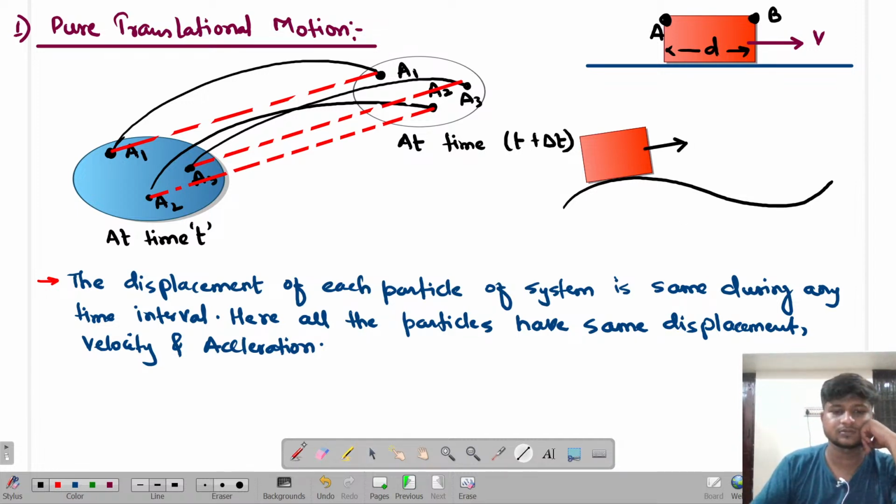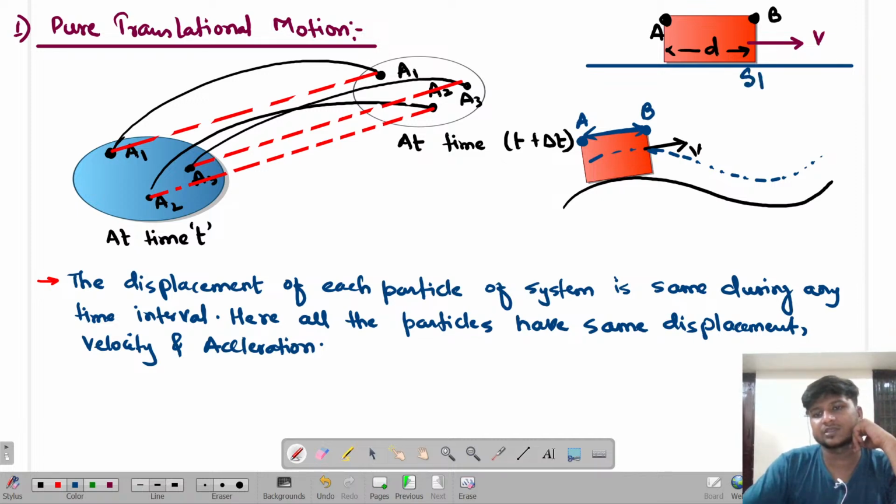When I select any two random points, once again the distance AB always remains the same. So this is a straight path, and this is curvilinear.